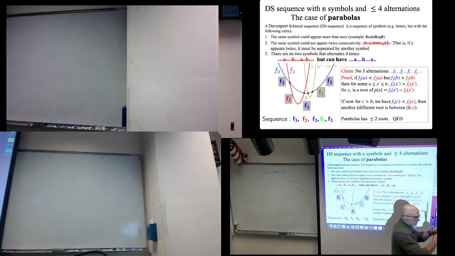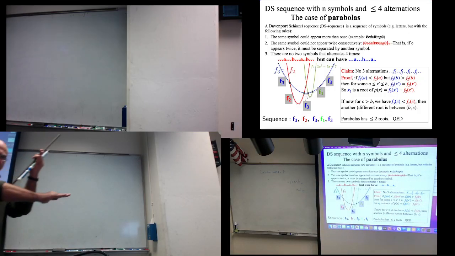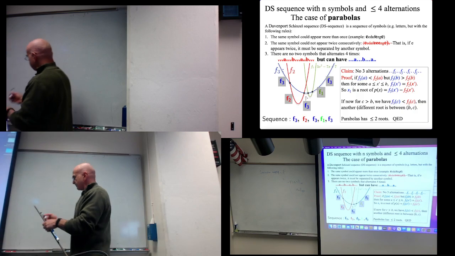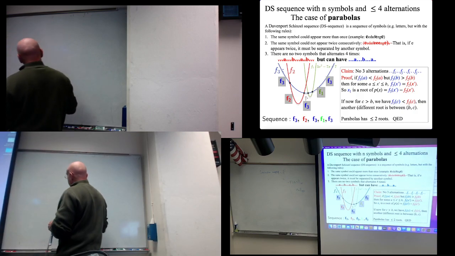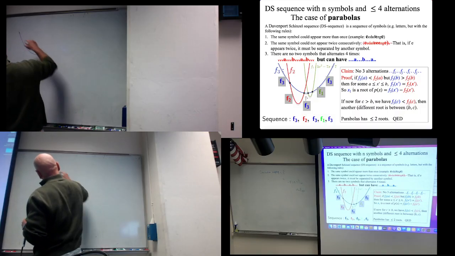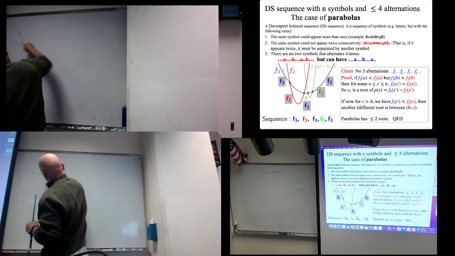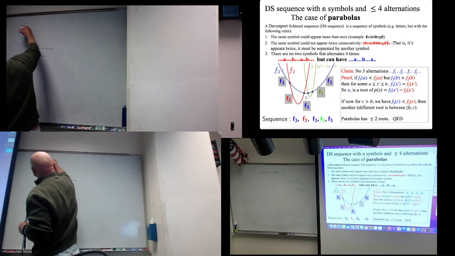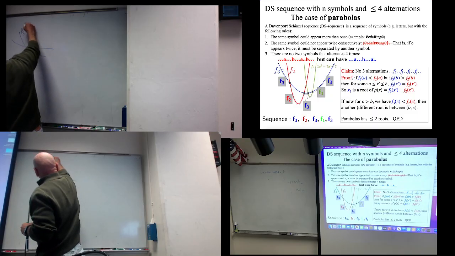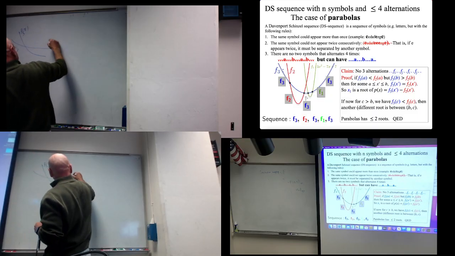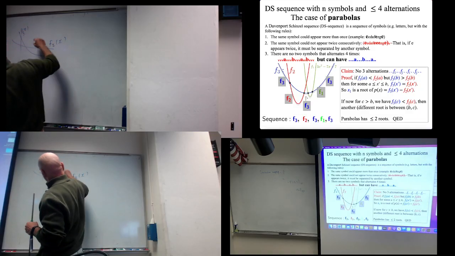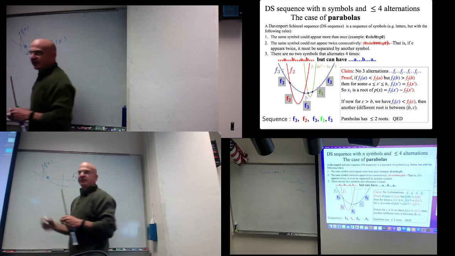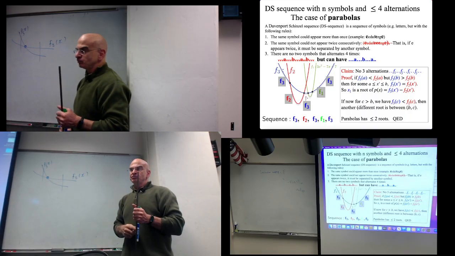They are two continuous functions. If they switch order, one is below the other. If f3 of x and f2 of x changed the order somewhere between, then there must be an intersection.